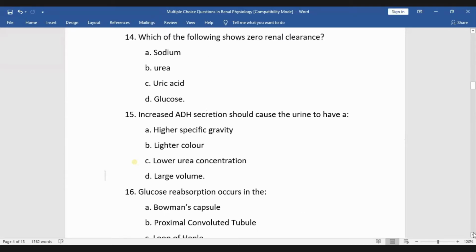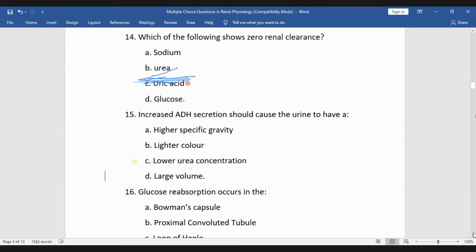Which of the following shows zero renal clearance? Ladies and gentlemen, go back to the definition. This is not uric acid. What is meant by zero renal clearance? What is meant by clearance? Clearance means the quantity of plasma that has been cleared of a substance.